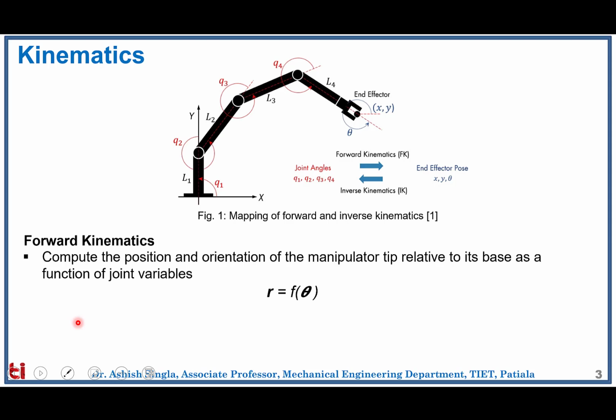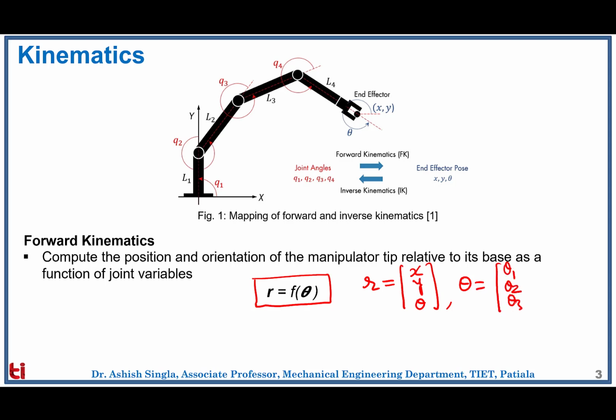So as I mentioned, forward kinematics represents the mapping from R space to theta space, where R represents a vector in Cartesian space which is written as x, y, theta in planar case, and theta represents a vector in joint space representing theta 1, theta 2, theta 3 or maybe more depending upon the degrees of freedom of the particular manipulator.